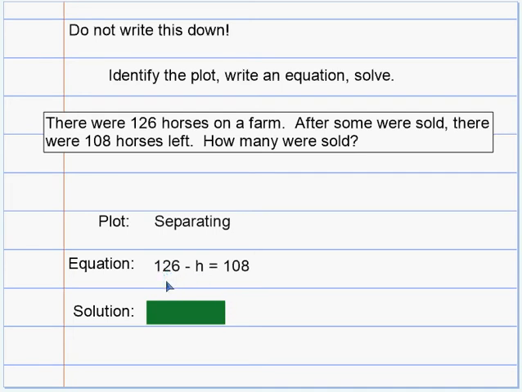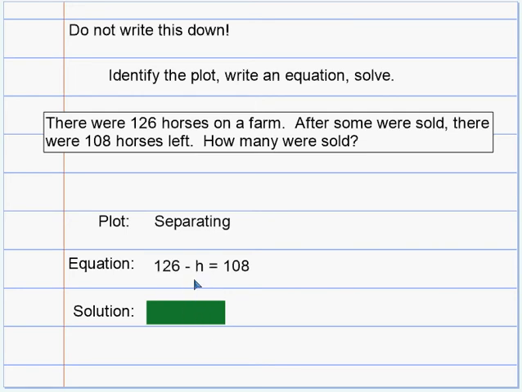But the plot says you have some go away, and then what's left. So the beginning amount is 126 horses, then I sell some, but I don't know how many are sold, and that's why the variable is here. Does it work the same if you switch the variable and the 108? It does, but that's not what we're trying to model here.